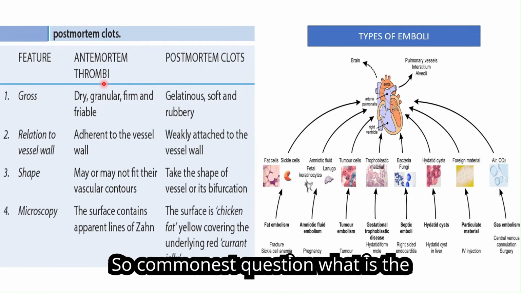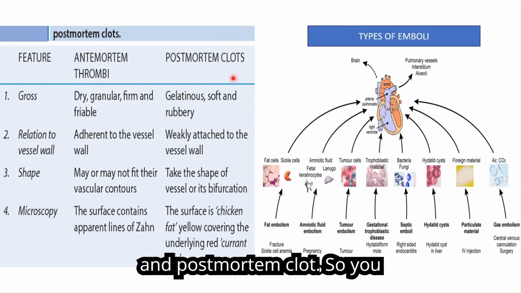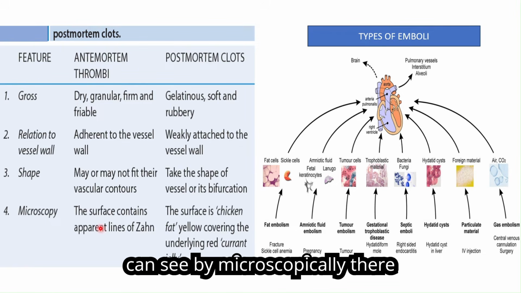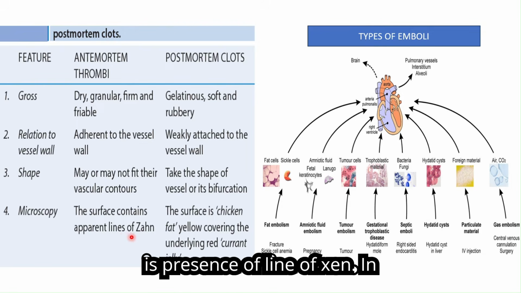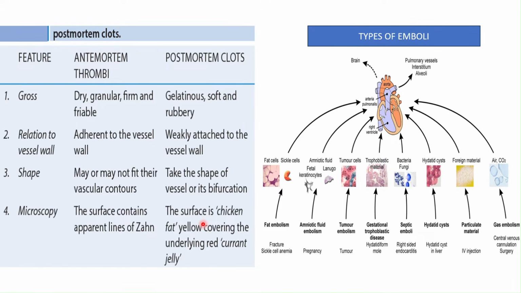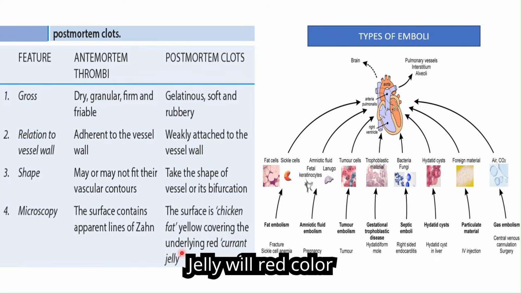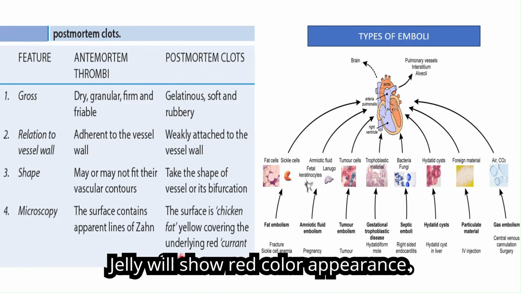The commonest question: what is the difference between antemortem thrombi and postmortem clot? Microscopically there is presence of lines of Zahn. In postmortem clot there will be chicken fat yellow and currant jelly red appearance.